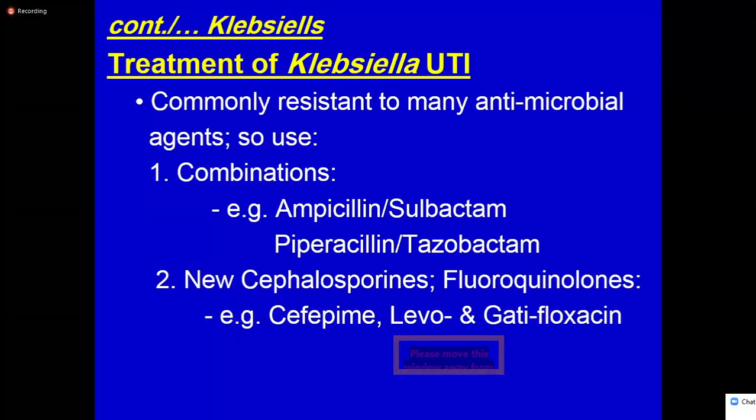Treatment of Klebsiella, commonly resistant to many antibiotics. So it's better to use combinations. For example, ampicillin, sulbactam, piperacillin, tazobactam, just to protect the penicillin. Also, you can use new cephalosporins, fluoroquinolones, like what?